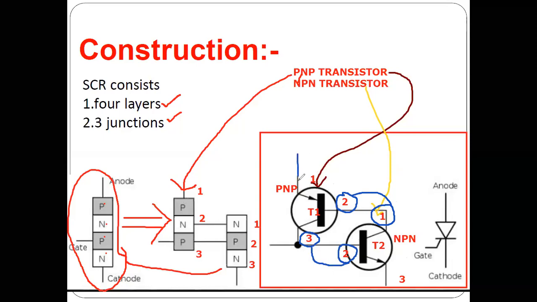The first pin I give the name anode terminal. The third pin I give the name cathode terminal. And the pin which is shorted together, pin number 3 of the first transistor and pin number 2 of the second transistor, I give the name gate terminal. In this way the two transistor model, or two transistor theory of SCR, will work.